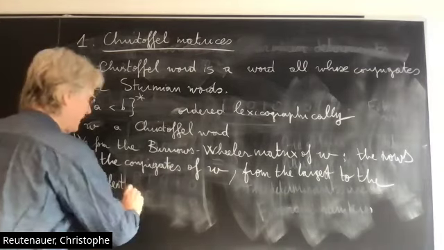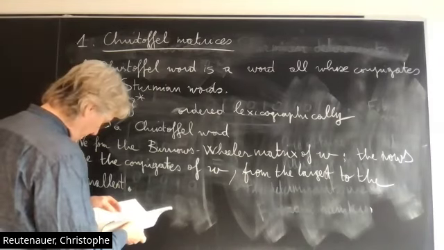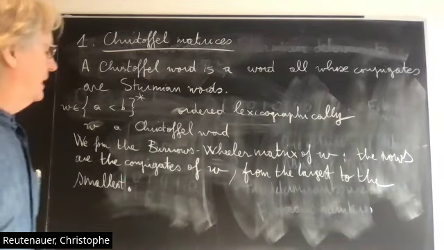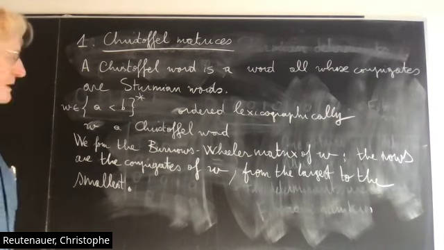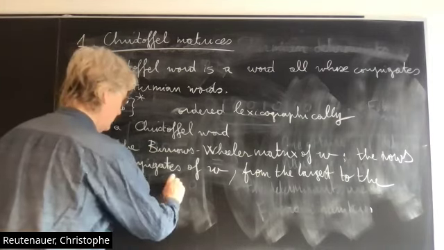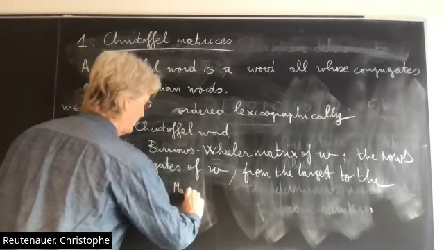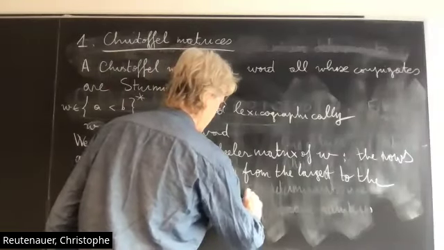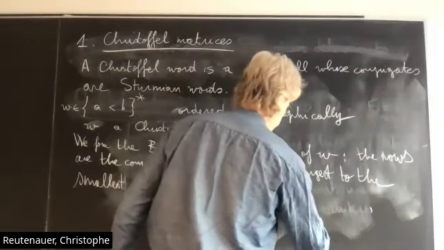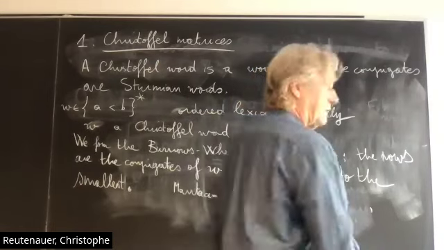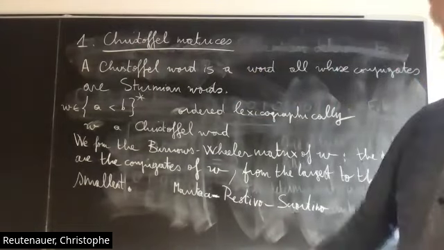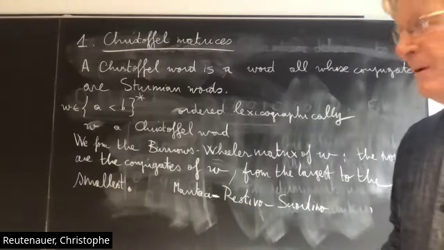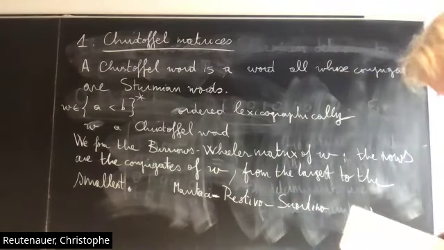This construction has been done the first time by Burrows and Wheeler for any word, and in the framework of Christoffel words, it was done first by Mantaci, Restivo, and Sciortino. They proved that in this matrix, the last column is increasing. It's increasing because I changed the order here.